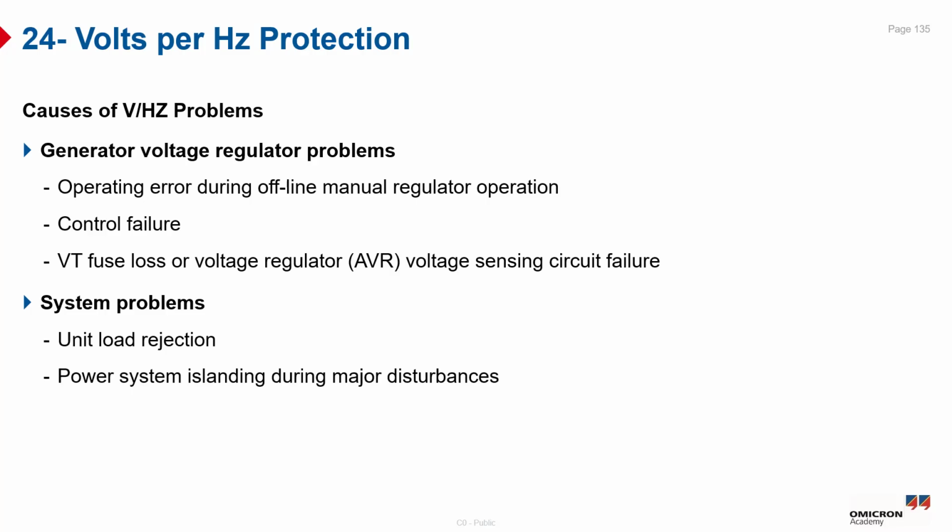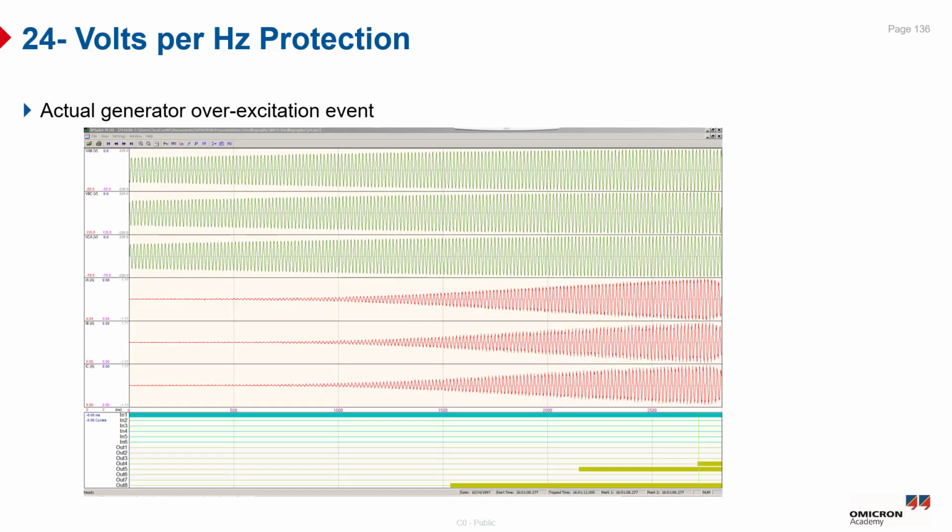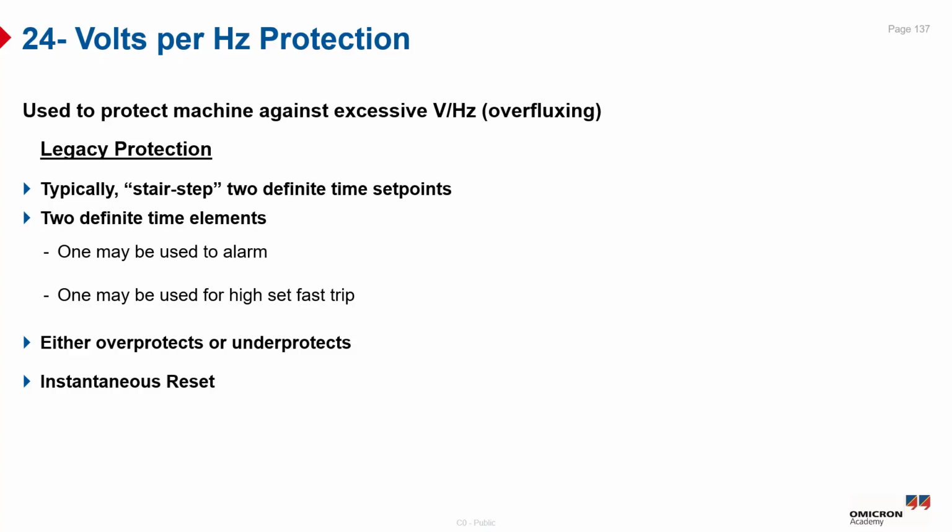Equipment damage is mainly due to component overheating, which is a time-dependent process, highlighting why overexcitation protection is essential. As you can see from our figures, an actual generator overexcitation event occurs when the V over F ratio exceeds the generator design limits, typically due to a combination of high voltage and low frequency conditions. Overexcitation protection is used to protect the generator against excessive V over F, also called overfluxing.